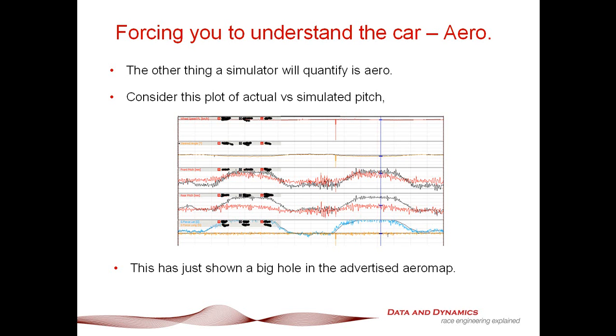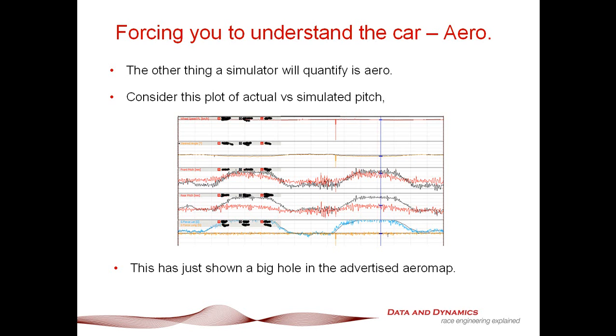Now, a lot of people would look at that and say the simulation's rubbish. Well, I can tell you right now, the simulation isn't rubbish. What's happening here is the simulator is telling you there's something in the aero map that isn't matching up. And part of your job as race and data engineers and as vehicle performance engineers is to identify where those holes are and nail them down. And I can tell you right now, from seeing this in actual data, these are the things, ladies and gentlemen, that win races.